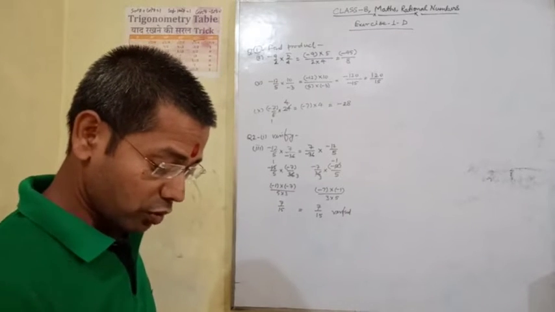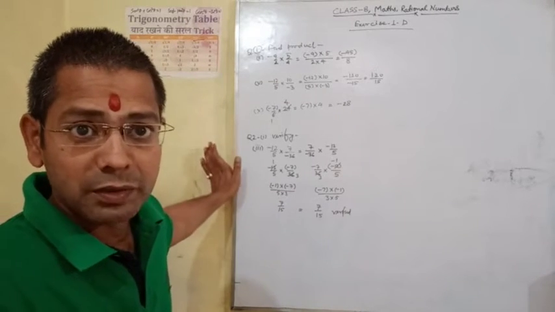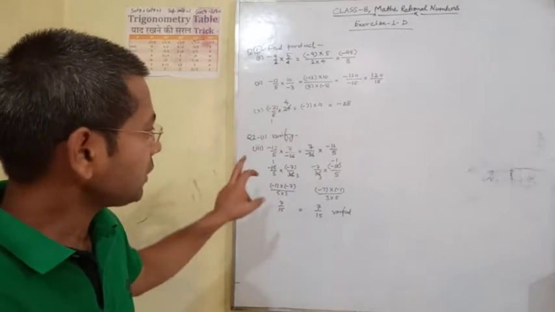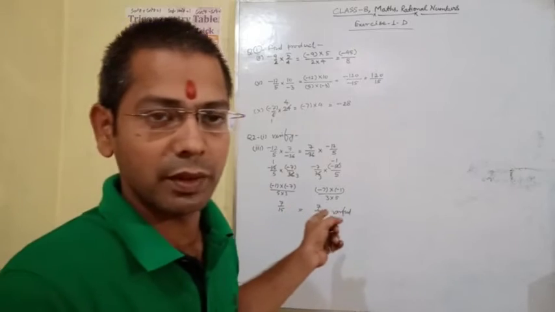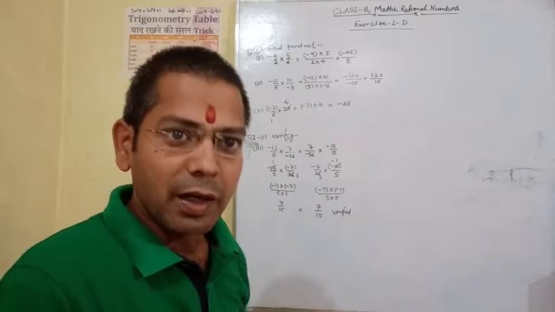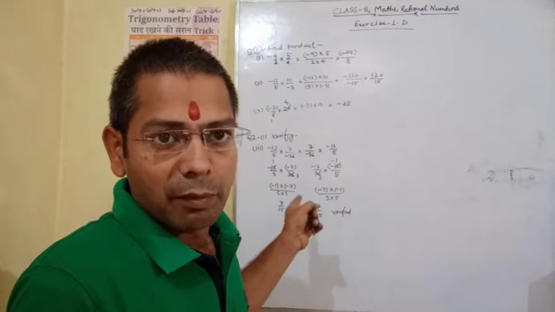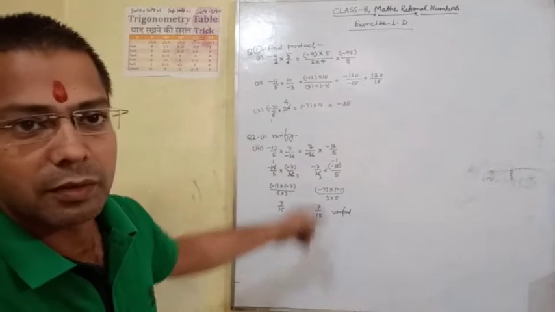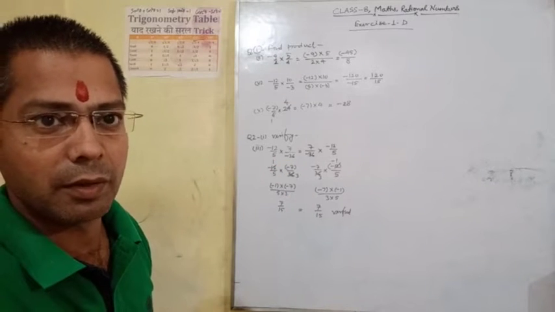Here in this question, there are four parts given. The third part I have done. It is actually minus 12 upon 5 multiplied by 7 upon minus 36. I have selected this among the four because the denominator of the second rational number is minus 36.